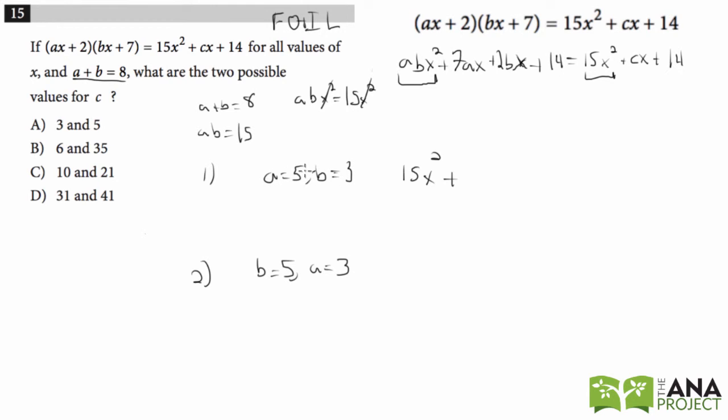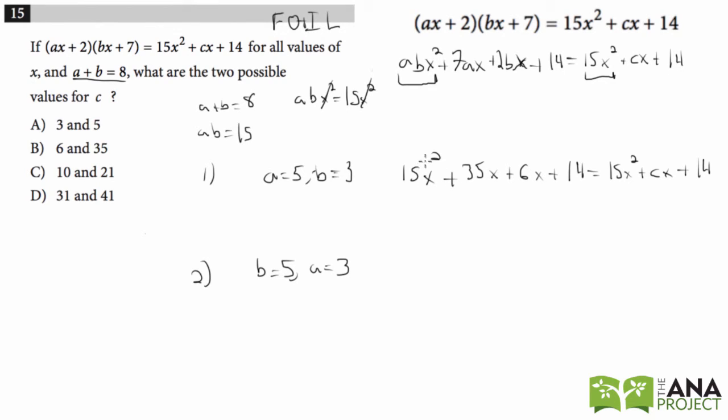So a is 5, so 7 times 5 would be 35x, plus 2bx. b is 3, so 2 times 3 is 6, so plus 6x, plus 14. And that equals, we'll just keep this the same, 15x squared plus cx plus 14.